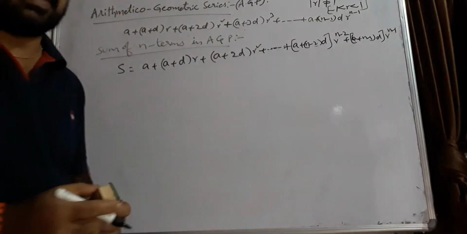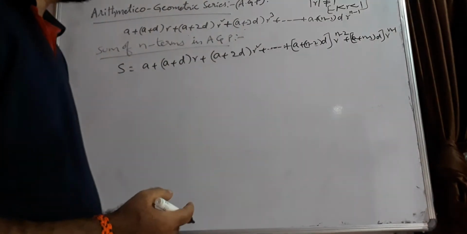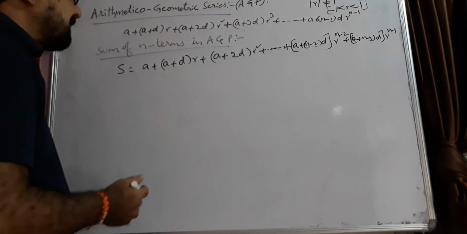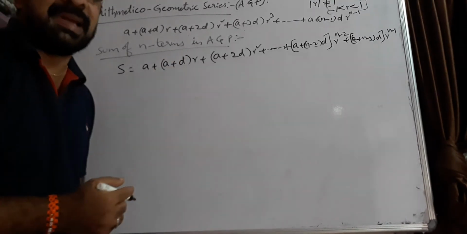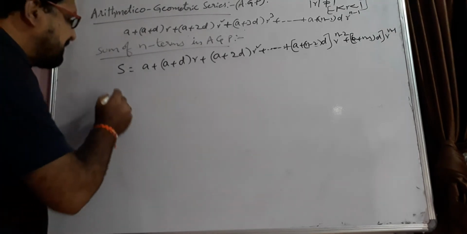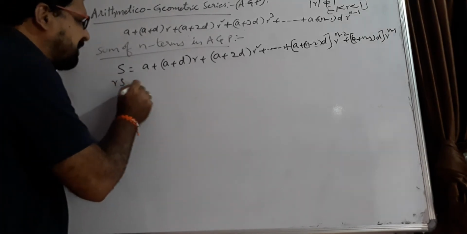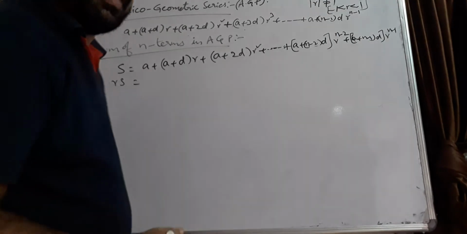So this is the sum of n terms. Now when you multiply the common ratio r on both sides, Rs is equal to one step forward.